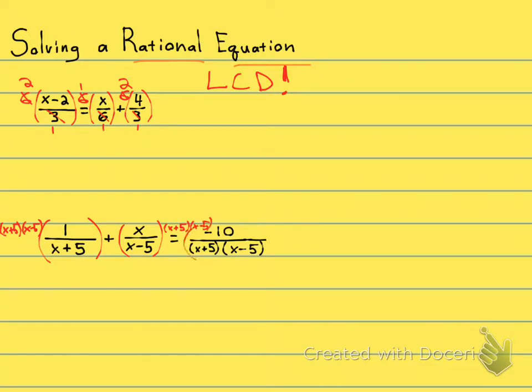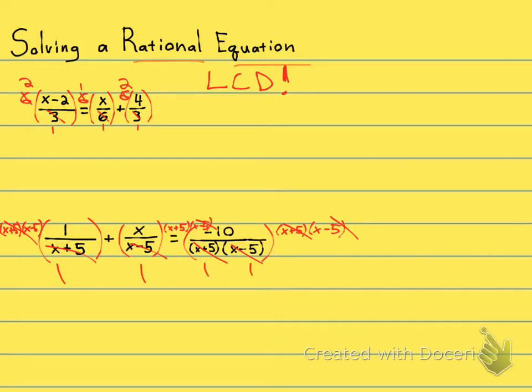And this one will be times x plus 5, x minus 5. So the first step is multiplying everything by the LCD. And now watch this. This denominator cancels with this one. This one cancels with this one. These two both cancel with these. So we have no more denominators. All of my denominators turn into 1s.